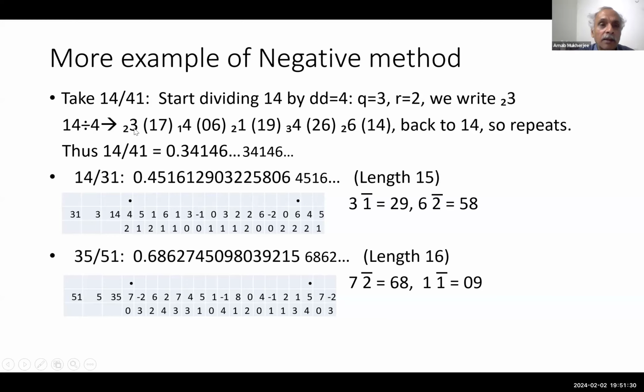But if I had continued with 23 divided by 4, it would go to our previous case, it would actually be 14 divided by 39, not 41.